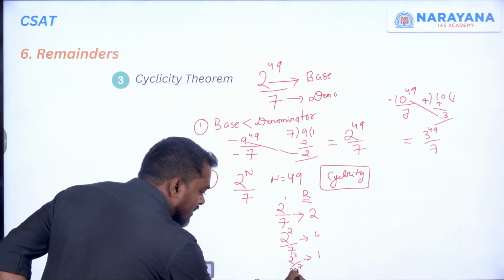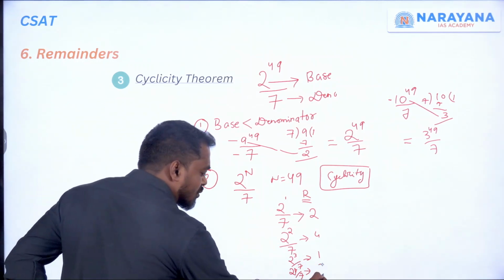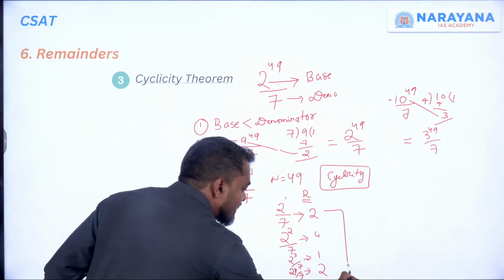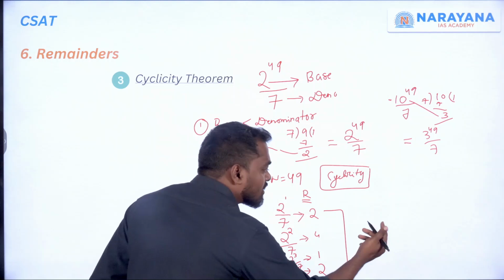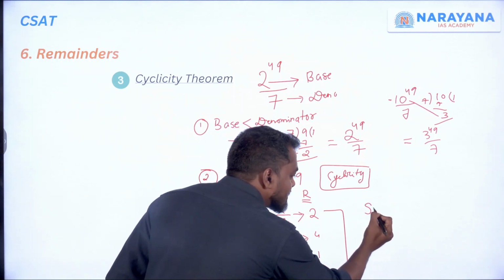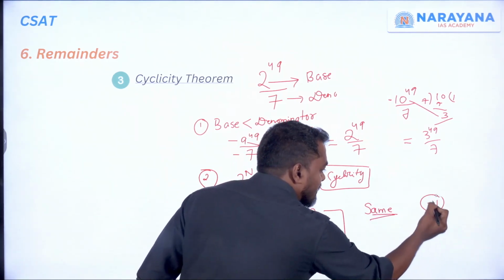If you put 2 to the power 4 by 7, 16 by 7, the remainder is 2. So you have to continue the process till you get the same remainder or the negative remainder, minus 1. So there are two cases. You have to repeat the process till you get the same remainder or a remainder of minus 1.